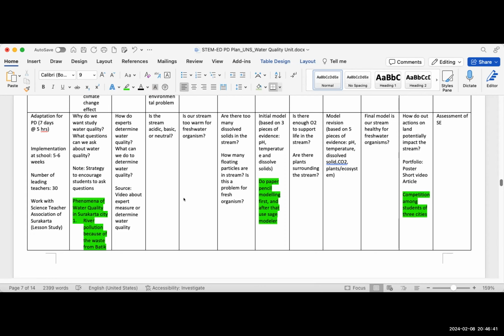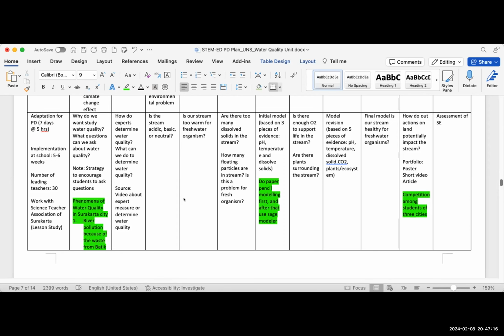We will discuss the PD plan that we made with the leading teachers, to ask about their idea on whether using such a modeler is better than paper and pencil modeling. I think it is also possible, but our participants probably have problems with internet connection and other things, so I think introducing them to modeling by paper and pencil will be better.